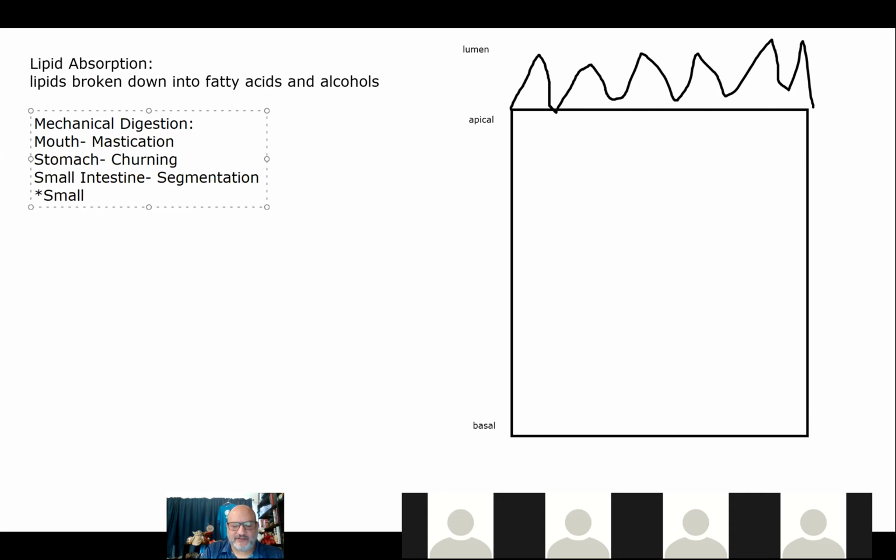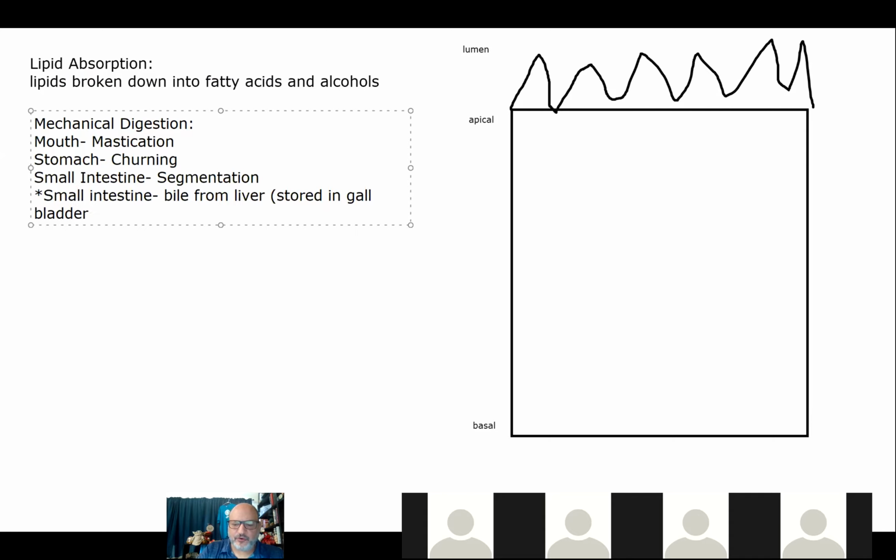In the small intestine, we have bile. And where's that bile produced from again? Liver. From the liver, excellent. Or it could have been stored and concentrated in the gallbladder. Again, you probably don't have to write this, but let's be thorough. Bile from the liver, stored in the gallbladder, and its goal, as was mentioned, is that emulsification.